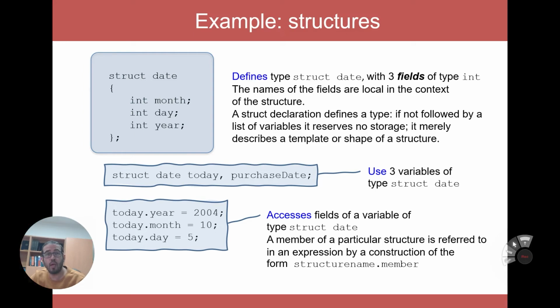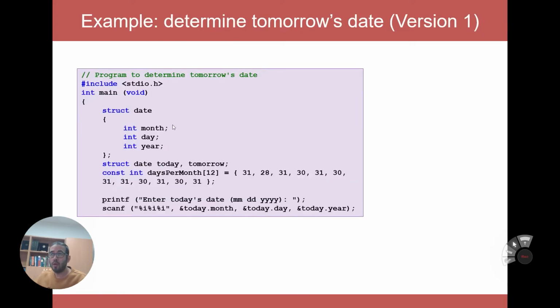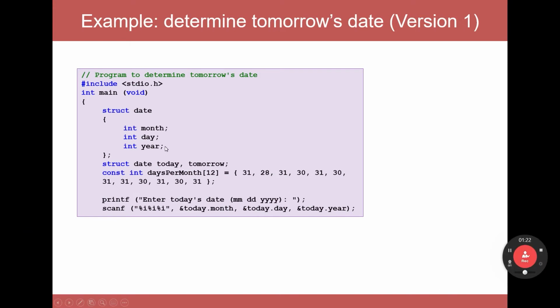Last time we saw one example about structure, where we defined a structure for date, and every date has month, day, and year. We showed how we can determine tomorrow's date based on today's date: the user inserts today's date, and then we calculate tomorrow's date.